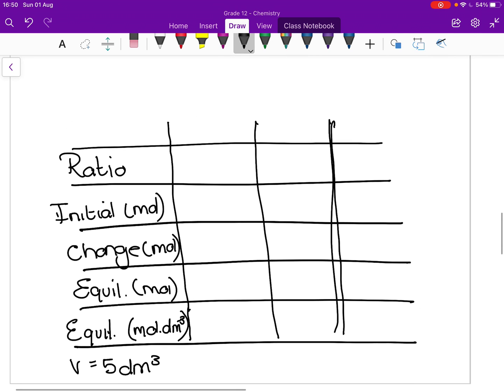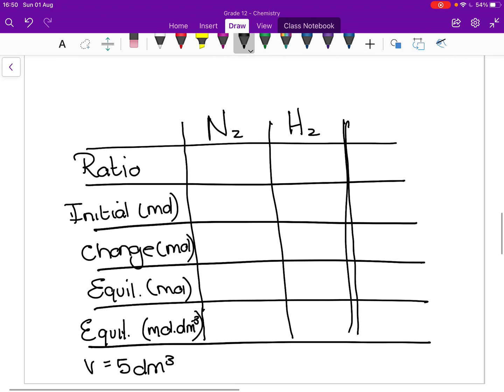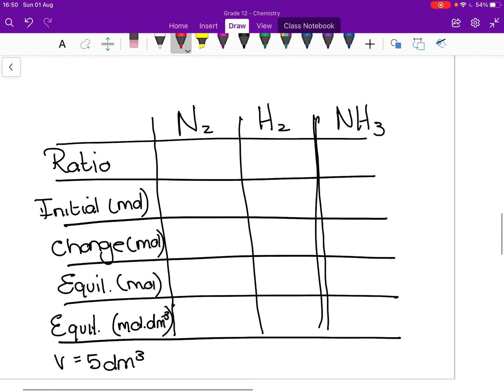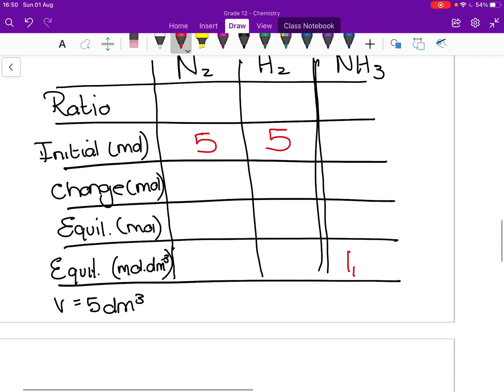Alright, so I have nitrogen, I have hydrogen, and I have NH3. In the question, I was told that I have 5 moles, and we've just worked out that I have 1,2 moles there.